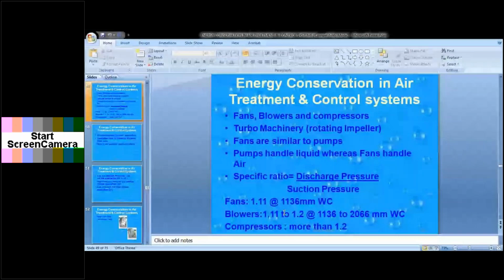Okay, here I can see. We can see your slide, energy conservation in air treatment and control. Nothing is lost. But for you, the connection is lost there.